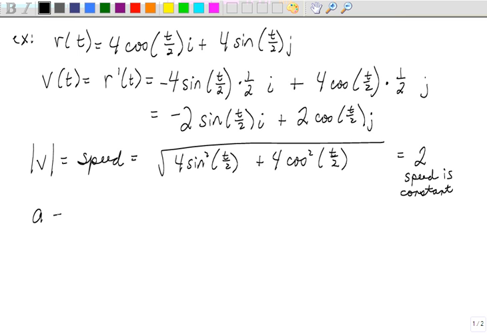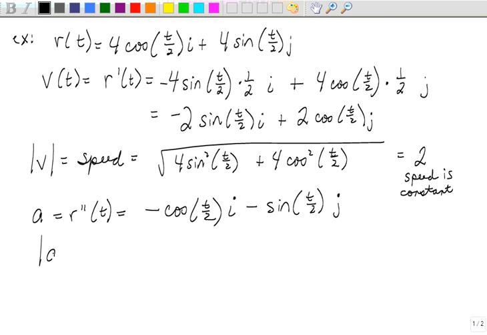The acceleration is the second derivative, and that's going to be minus cosine(t/2) i, times the half. I'm taking the derivative of r prime, or v, and the derivative of cosine is minus sine, then times a half, because you have to take the derivative of the inside, so minus sine(t/2) j.